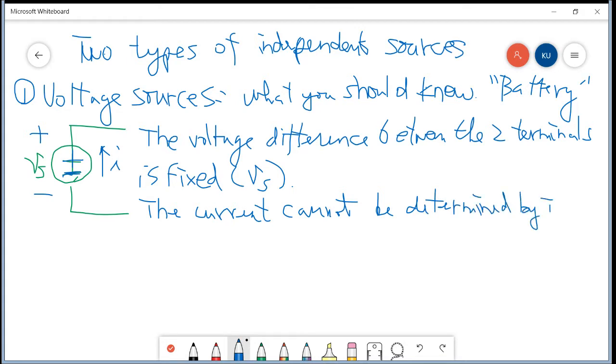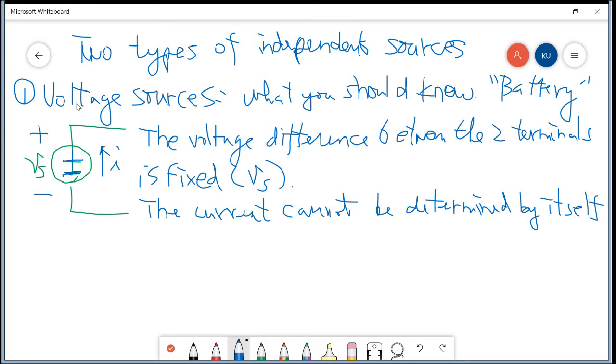If you see this Vs in a circuit, if I just put it here and it doesn't connect to anything, then there will be no current. But if it is connected to a resistor, there will be a current going out. And if the resistor becomes smaller, then the current will be larger.